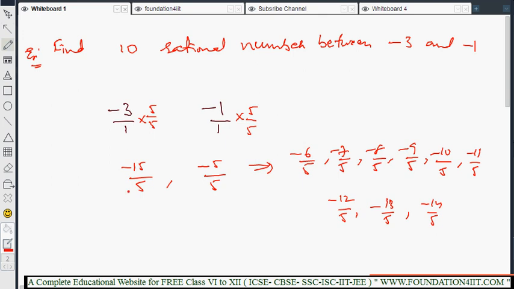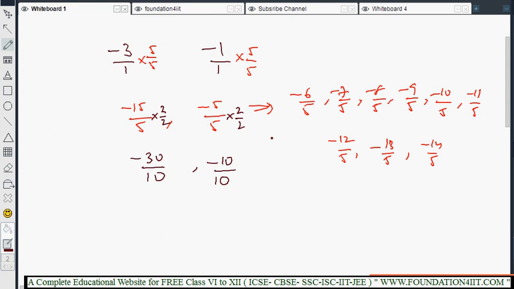Here the denominator is 5, so extra, we multiply by 2 by 2. Now that is -30 by 10 and -10 by 10. So there are -11 by 10, -12 by 10, and we can take many between these both.